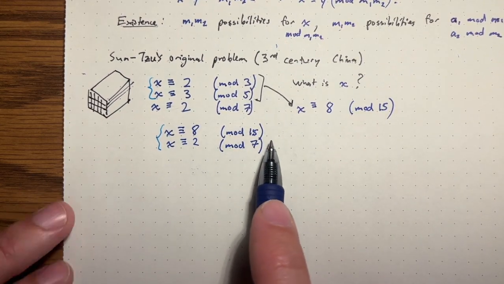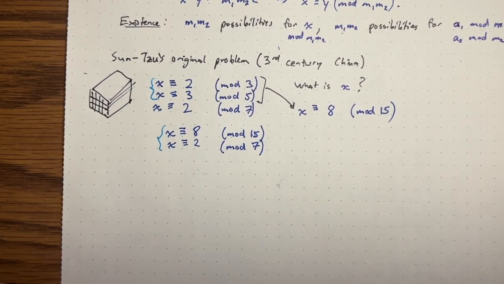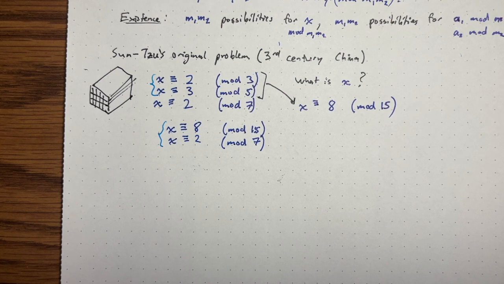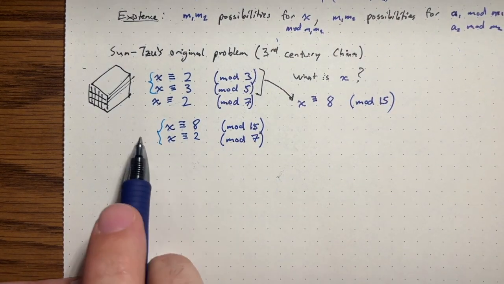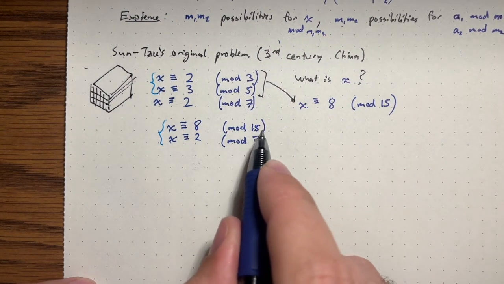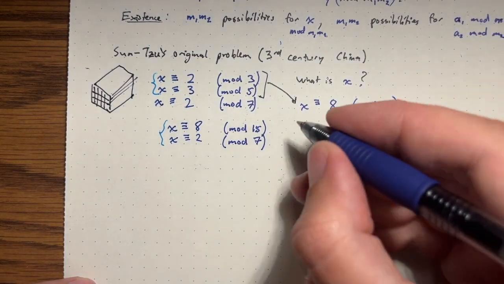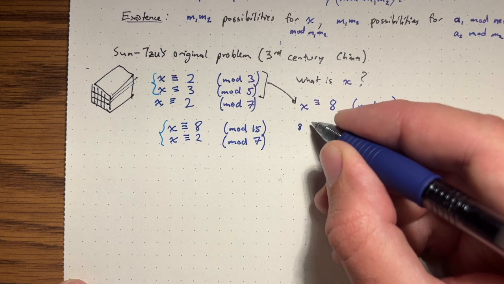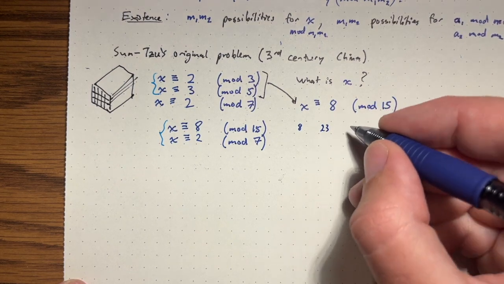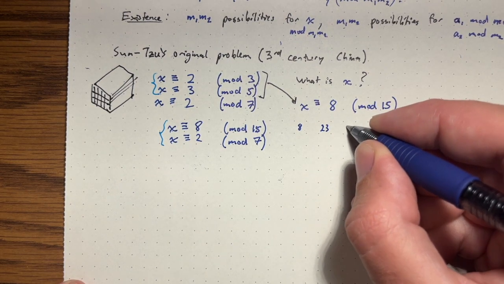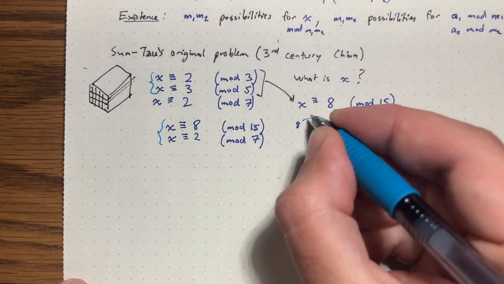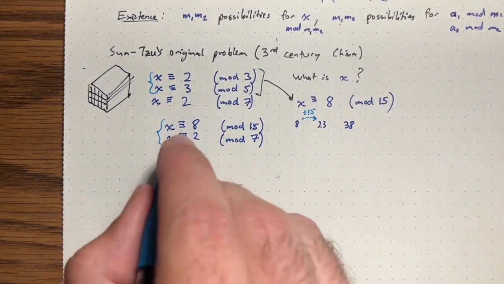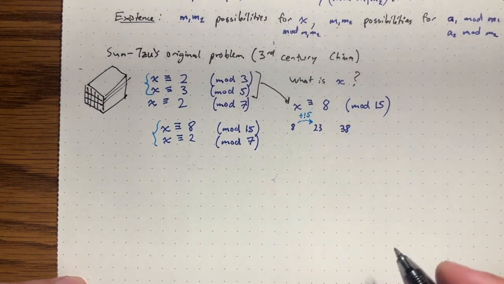Just to be honest, there's another method I'm going to show you in just a second. But if I had this problem and I needed to solve it, I would just start counting by multiples of 15. So I'd start with the 8, try 8 plus 15 is 23, 23 plus 15, 38. So I'm just going up by 15s. I know I have to be congruent to 8 mod 15.